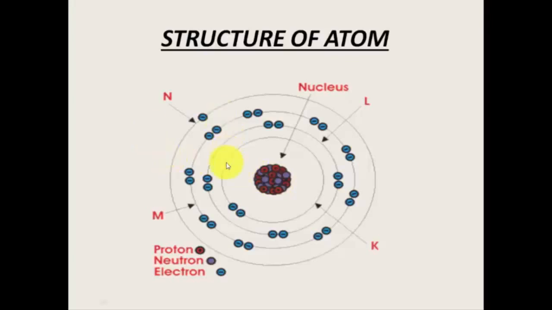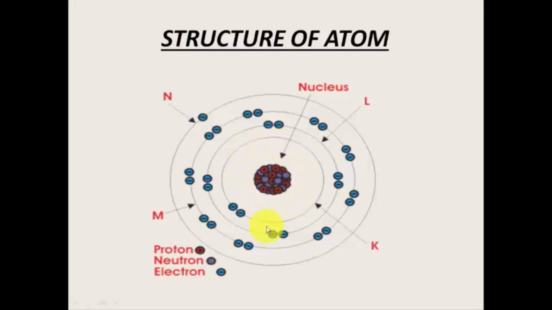The nucleus consists of protons and neutrons; the protons are positively charged and neutrons are neutral in charge. These two form the nucleus of an atom.